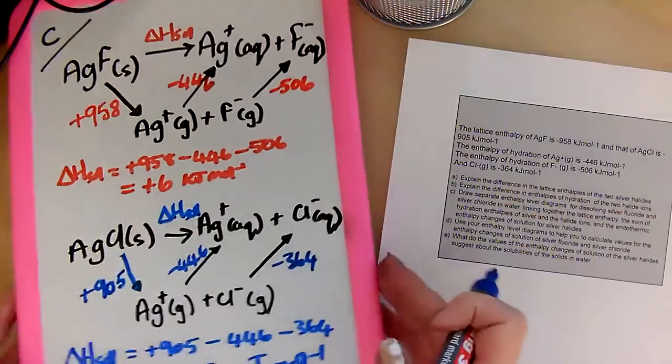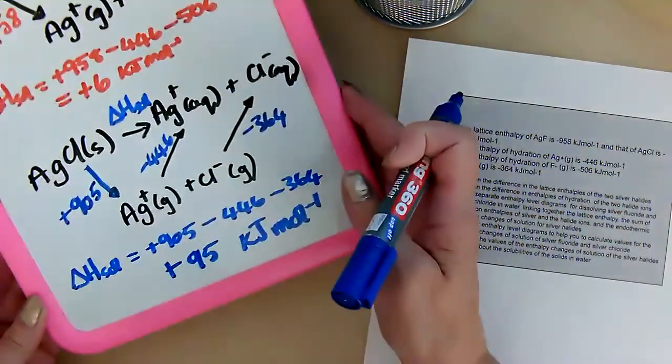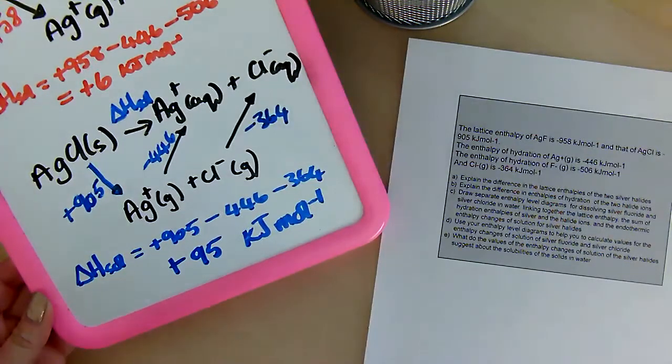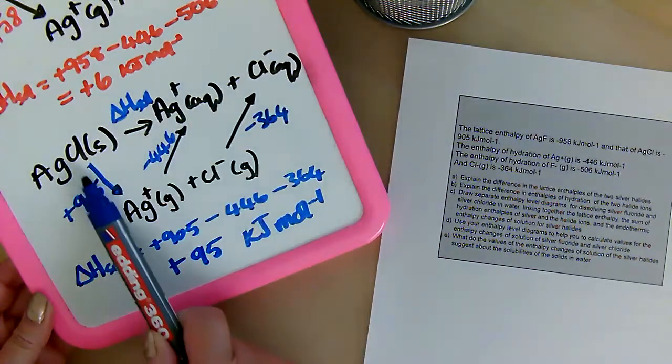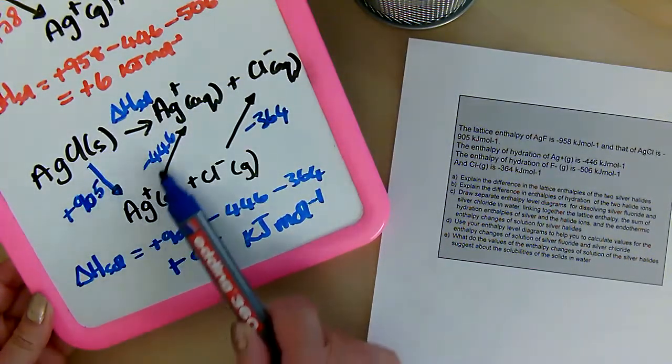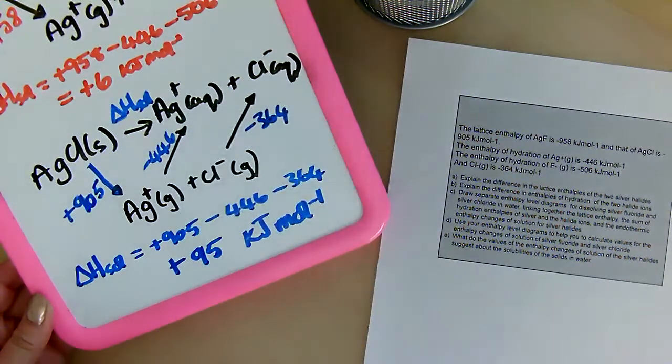You can't see that particularly well. Let's just, there we go. So you can see that a little bit better. So the enthalpy of solution is plus 905, take away 446, take away 364, and that would give us plus 95.